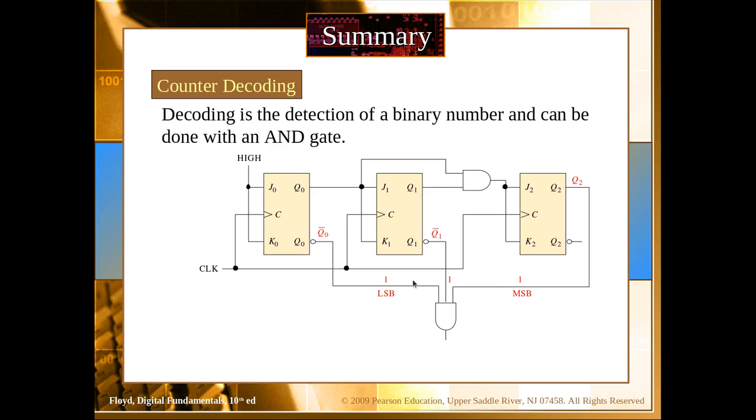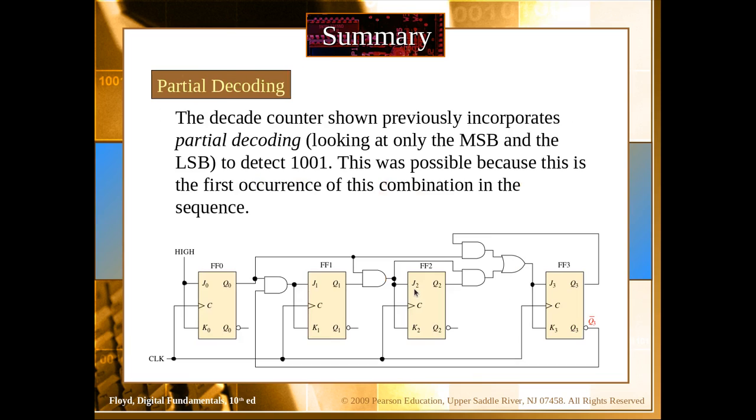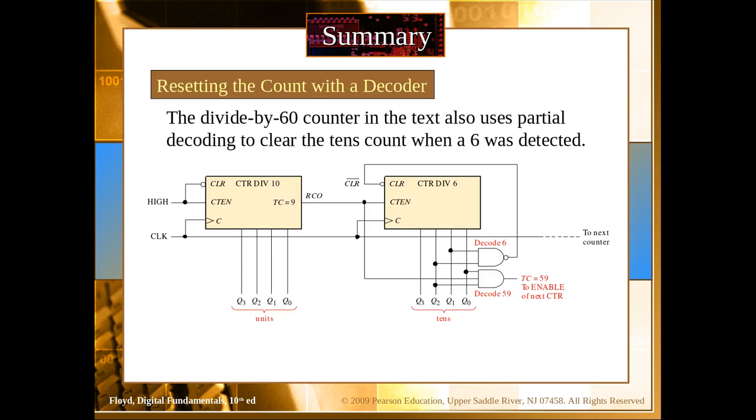So the sequence that it would decode would be 1 for the MSB, 0 for the middle bit, and 0 for the LSB. So the number decoded by this gate would be Q2, Q1 bar, Q0 bar, or 1 0 0. This partial decoding you can easily understand by just reading these slides.